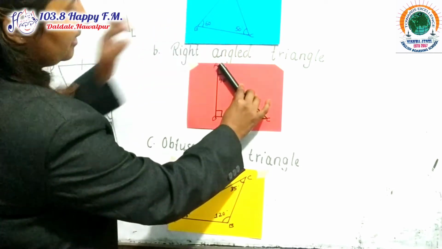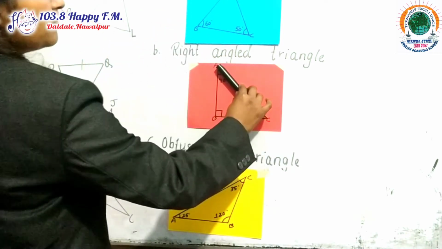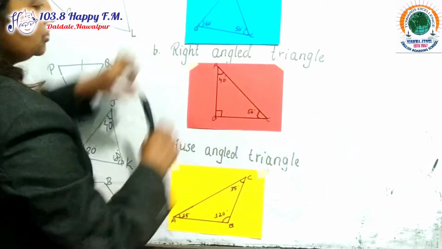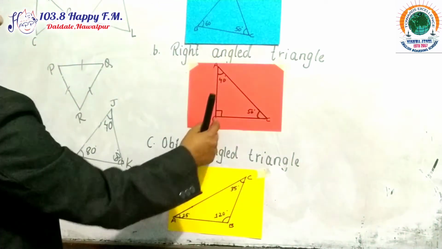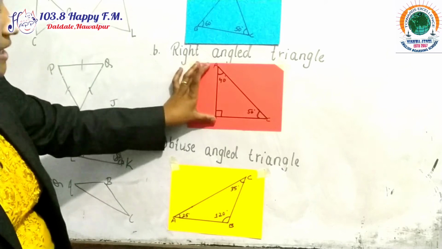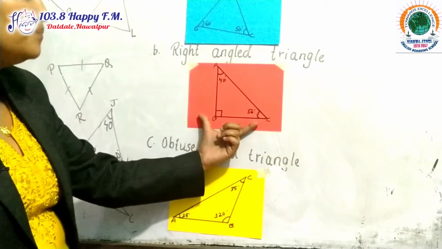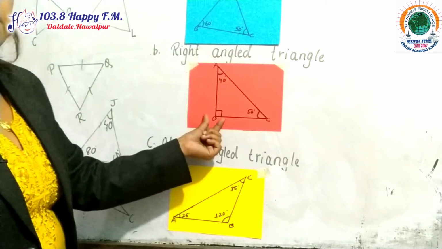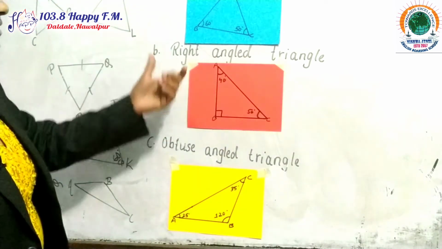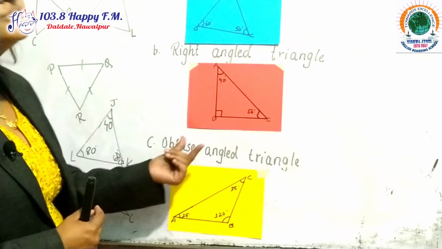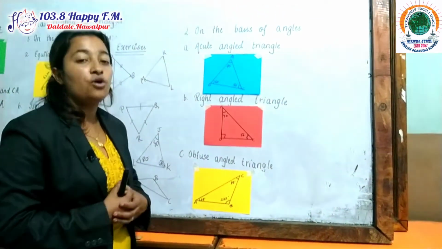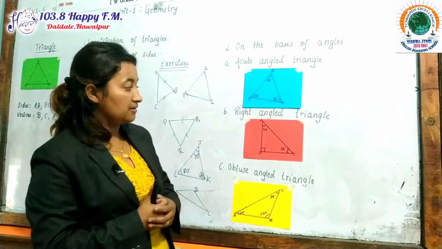If you place some object here and notice this angle, it is exactly 90 degrees. Here the AB line and BC line are meeting at point B, forming a right angle. So the triangle, one of whose angles is exactly 90 degrees, is called the right angled triangle.